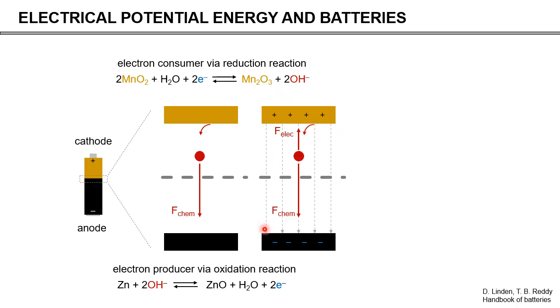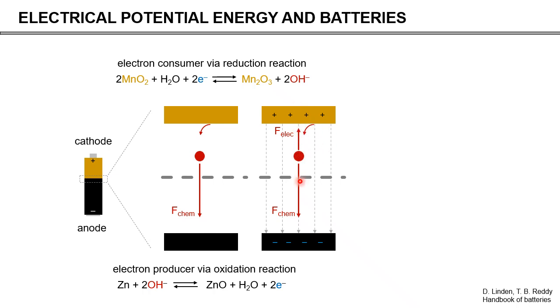Now, things continue to happen as I just explained. The cathode side is producing hydroxyl ions, and they move into the space. They experience a chemical force because of the concentration difference, but now it is a negatively charged ion in an electric field, so it also experiences an electric force.